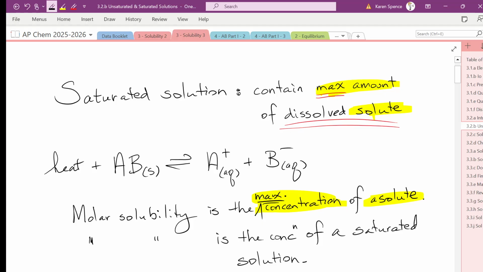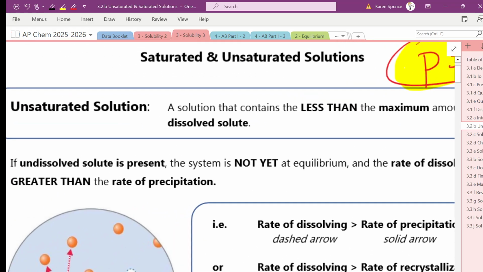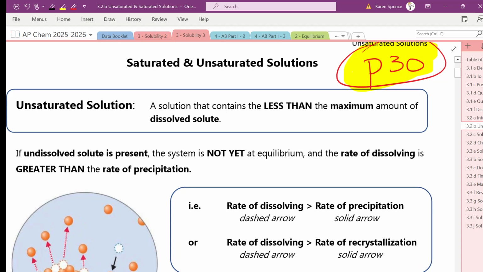Now, what does it mean then to be unsaturated? If a solution is unsaturated. Yeah, we have less than the maximum amount dissolved. So here we're starting with the unsaturated case. Okay, so we've got our unsaturated solution. It contains less than the maximum of dissolved solute.